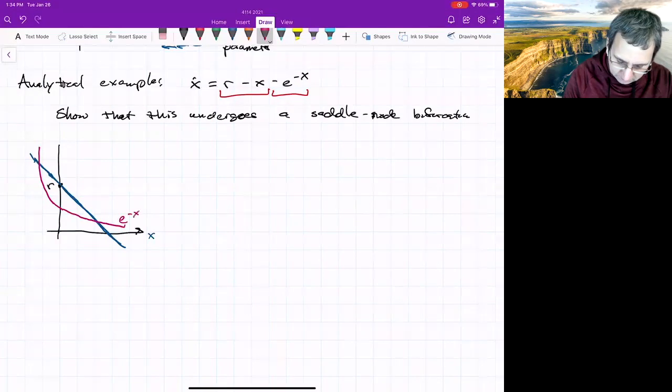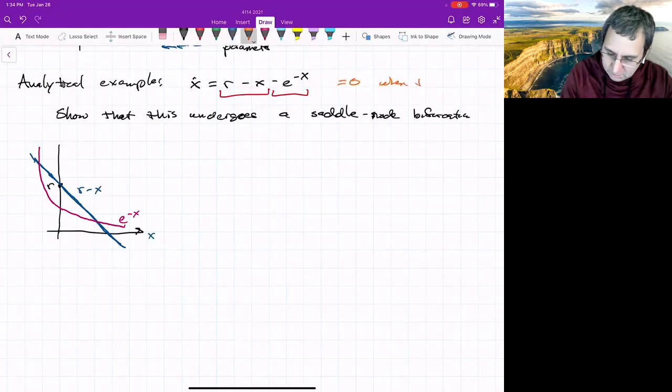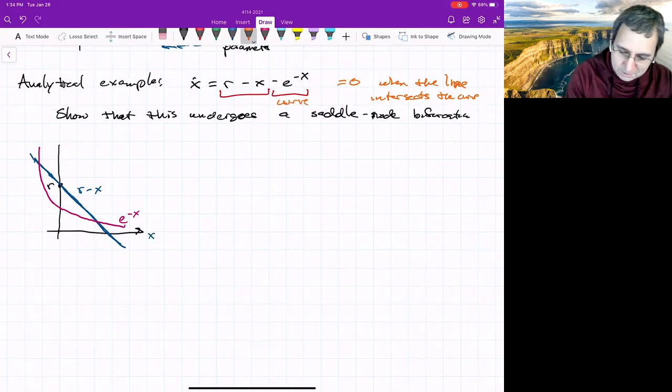So here's e to the negative x, and then in blue, I've plotted r minus x. So where that will equal 0 is where the line intersects the curve. E to the negative x is a curve, and r minus x is a line.